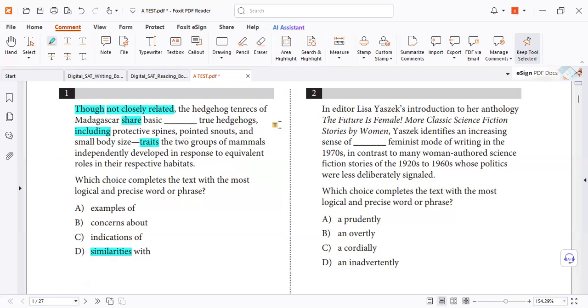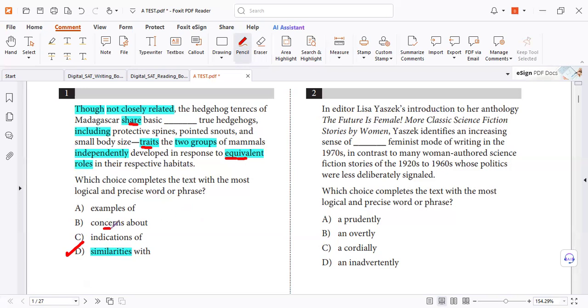So both of them share the same traits of the two groups of mammals. Independently, both of them developed in response to equivalent roles. We have four evidence. Equivalent means they are equal in something. They share traits. All of this tells you it must be letter D.